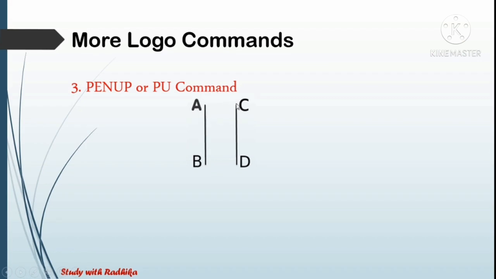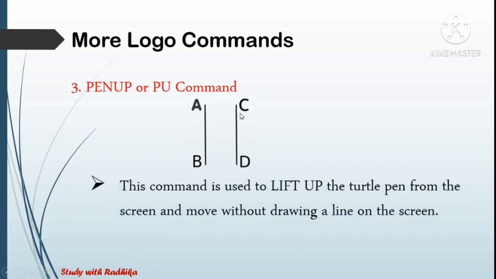The use of the pen up command or PU command is to make the turtle lift the pen up and move without drawing a line on the screen. The syntax is pen up or PU, then press the enter key.